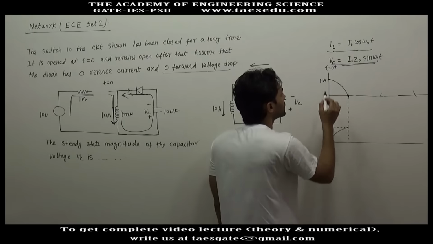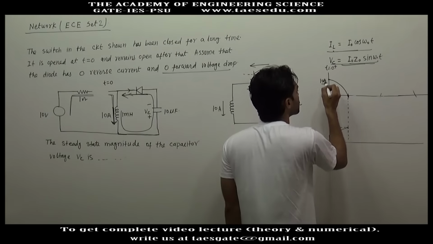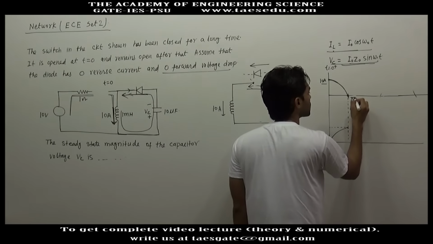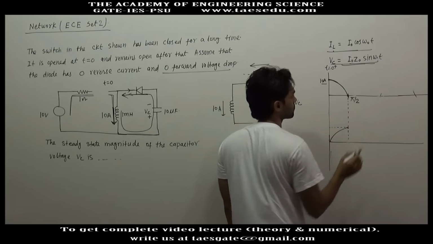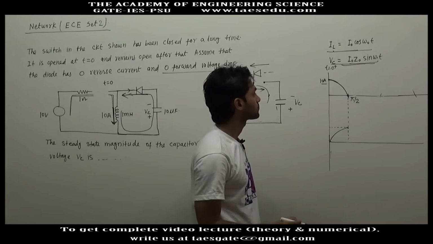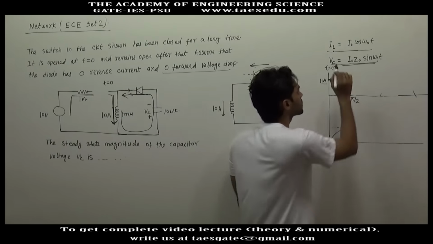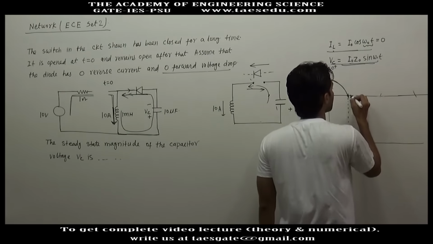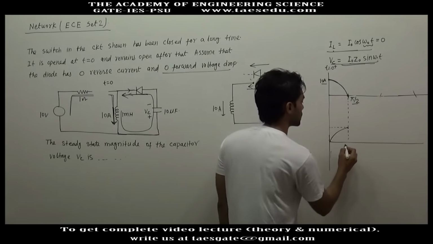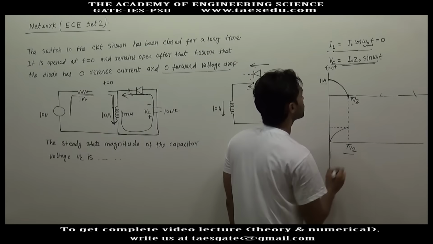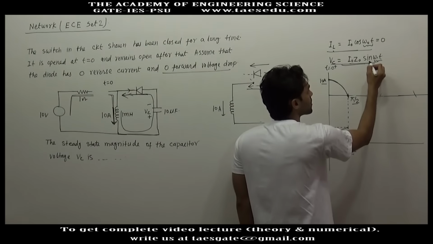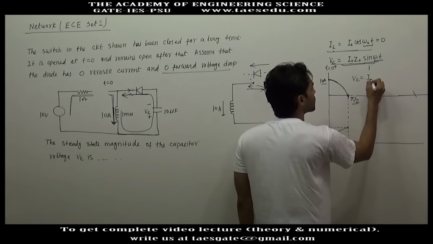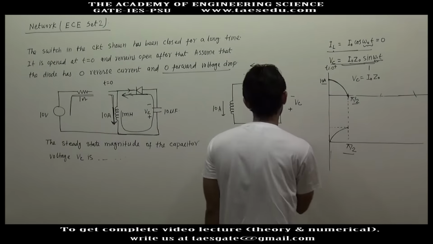okay, initially inductor current is 10 ampere, and this is a graph of cos, so this will be pi by 2. When for the first time this expression is 0, obviously omega naught t, that angle will be pi by 2. So here the angle is pi by 2. So for pi by 2, sin omega naught t will give you 1. So capacitor voltage will be I naught into Z naught.